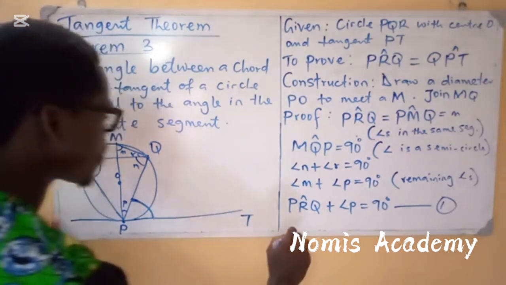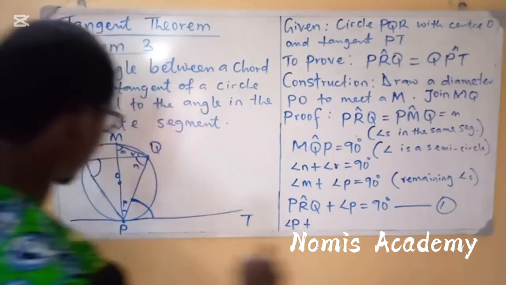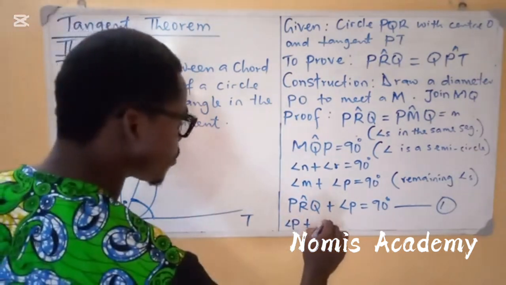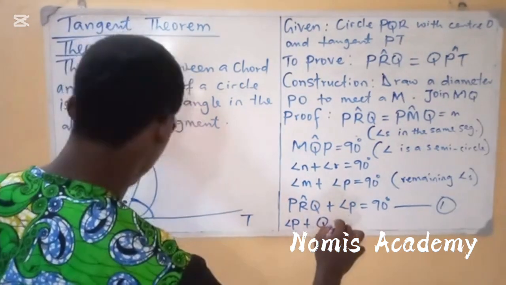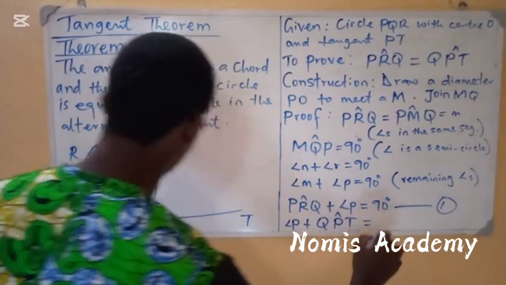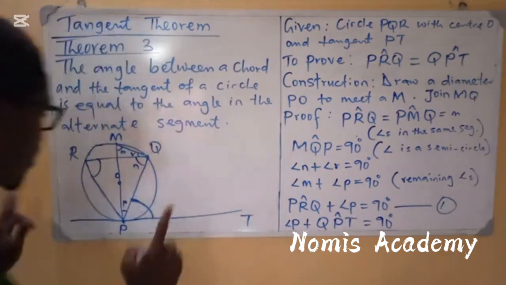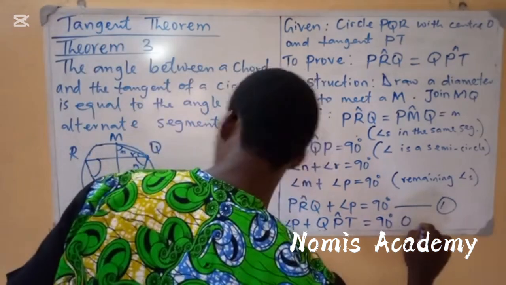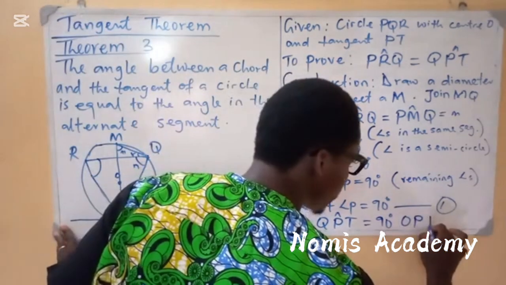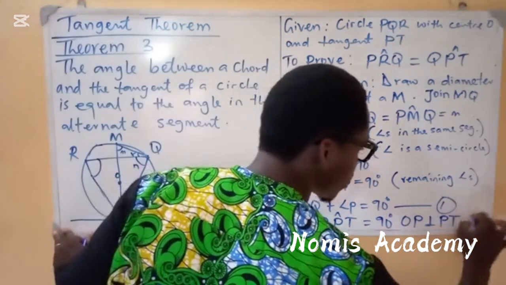So angle P plus angle QPT is equal to 90 degrees, and the idea behind that is that OP is perpendicular to PT.